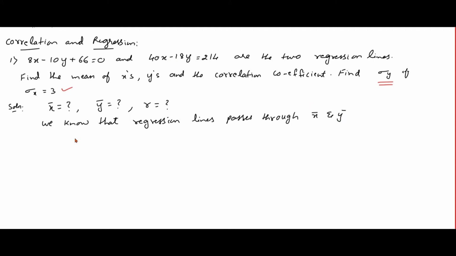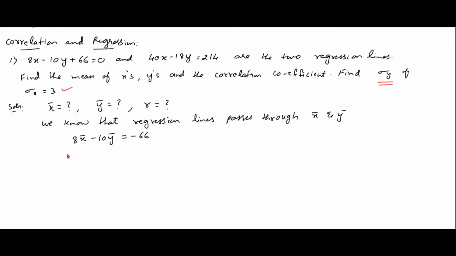So the first equation becomes 8 times x bar minus 10 times y bar, where I replaced x by x bar and y by y bar, is equal to, if I send this plus 66 to the other side, minus 66.